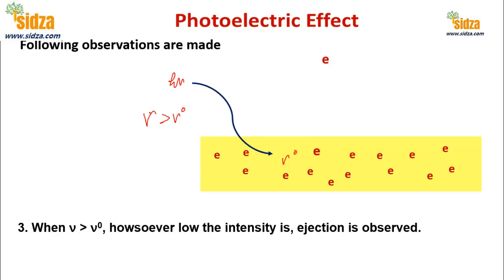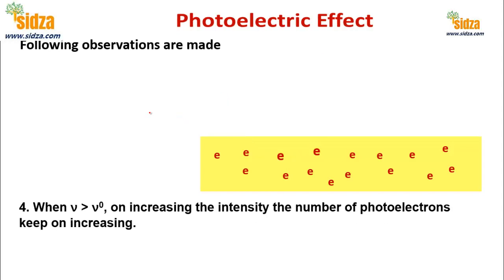Why? Because here the one quantum of energy has a frequency more than the threshold frequency. And again, if we use a radiation that has a frequency more than this threshold frequency, on increasing the intensity, the number of electrons ejected will also increase.